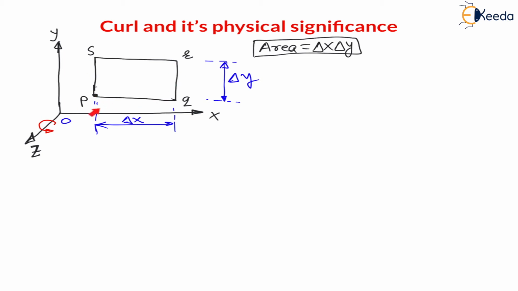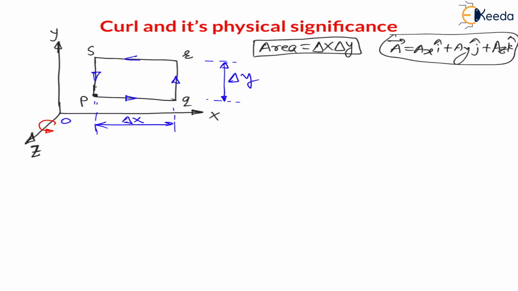Now let us understand. Here my circulation is PQRS, so the rotation will be P to Q to R to S and again back to P. This is my rotation. And here the vector A, which is nothing but Ax i plus Ay j plus Az k, is at the center of the surface.